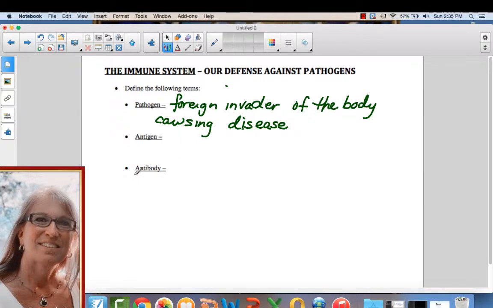Okay, an antigen. We learned what that was in our vocabulary word.